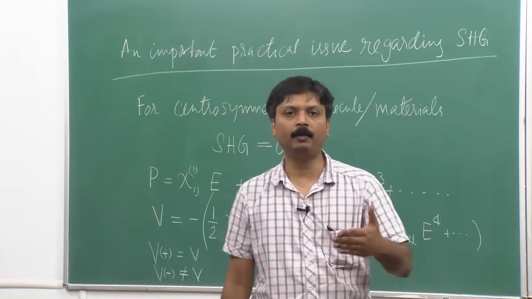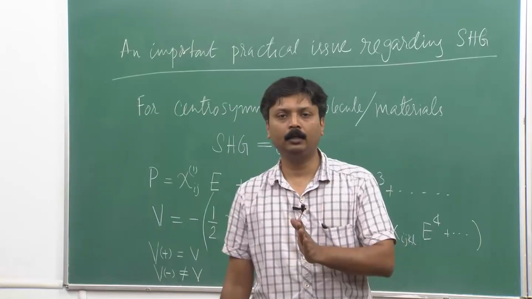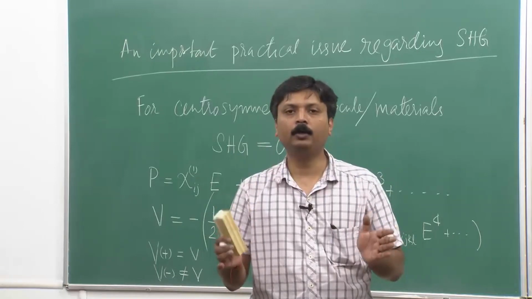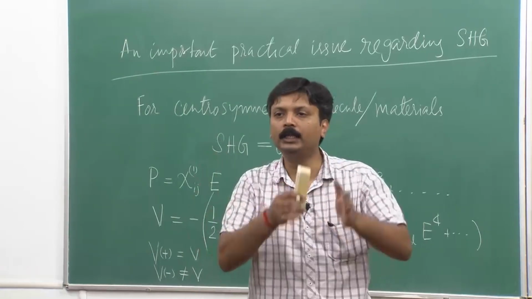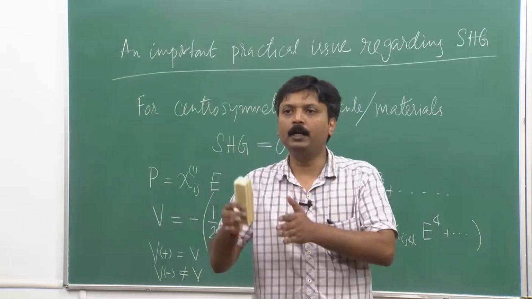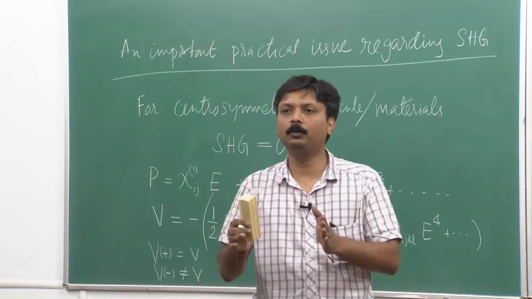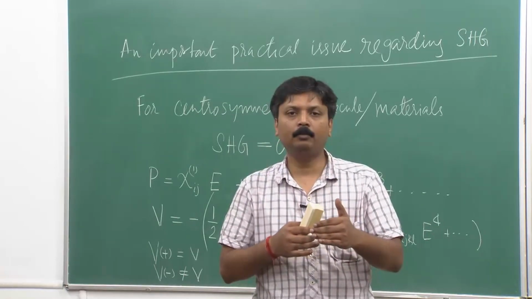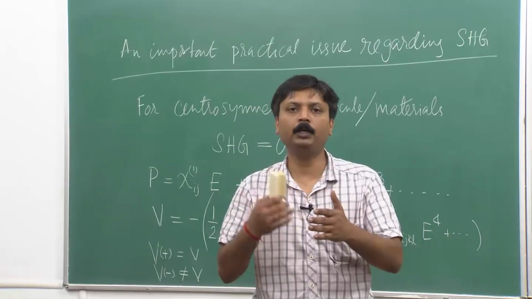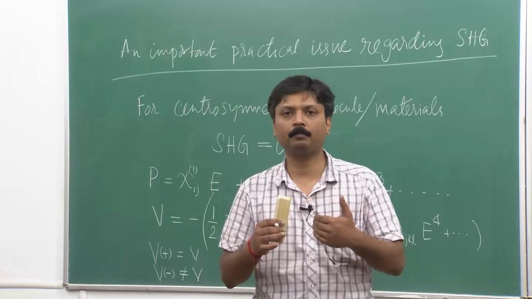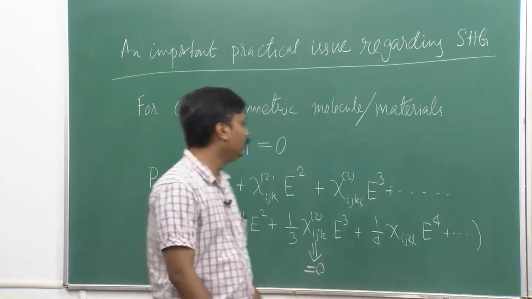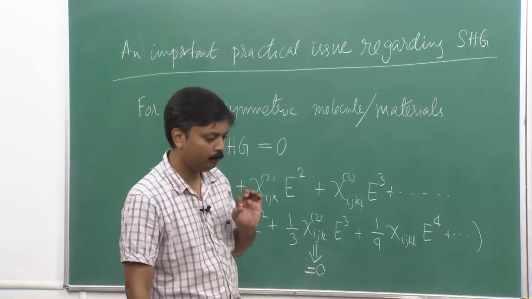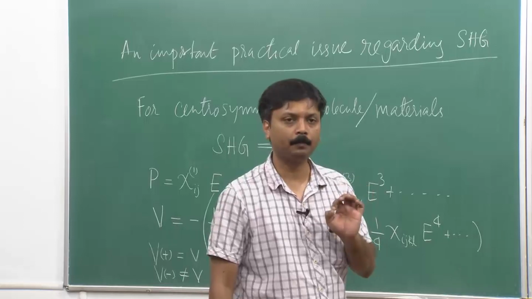If I take plus E or minus E, it is not necessary that the potential energy will be the same, because when the electron oscillates in one direction in a non-centrosymmetric molecule, this oscillation does not have to be identical when we come with two different electric fields, E and minus E. So, that is why in general for a centrosymmetric molecule second harmonic generation is 0, because chi 2 is 0.